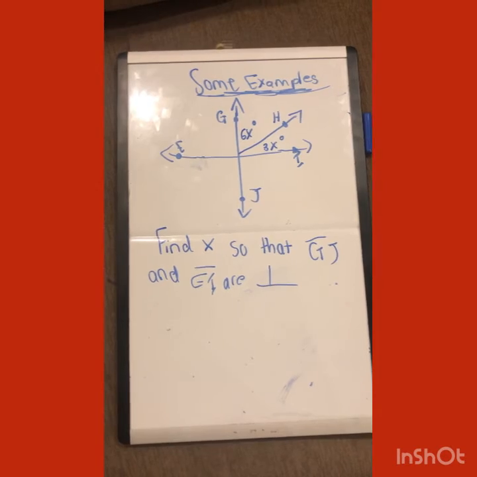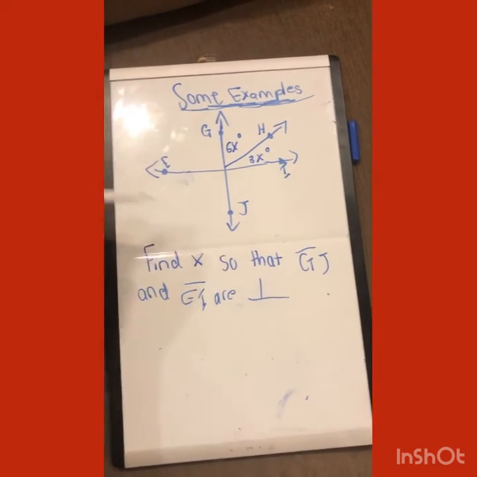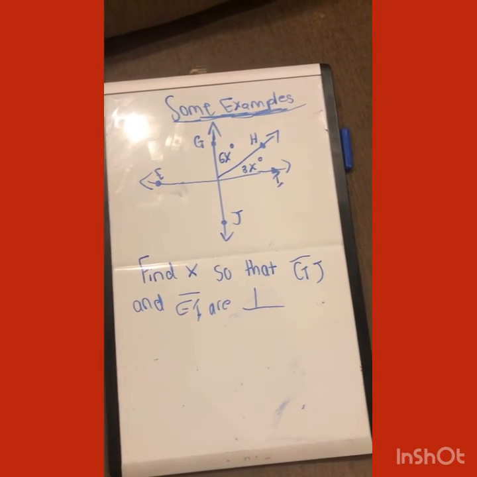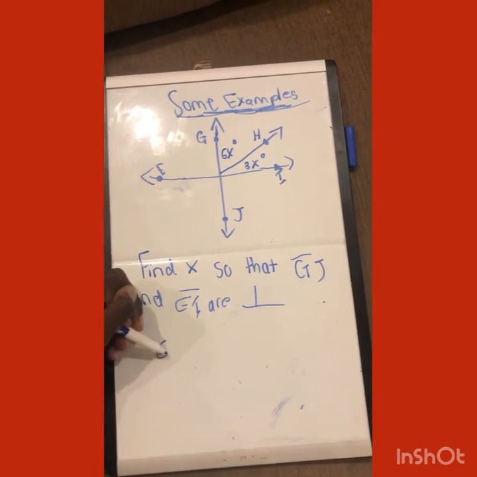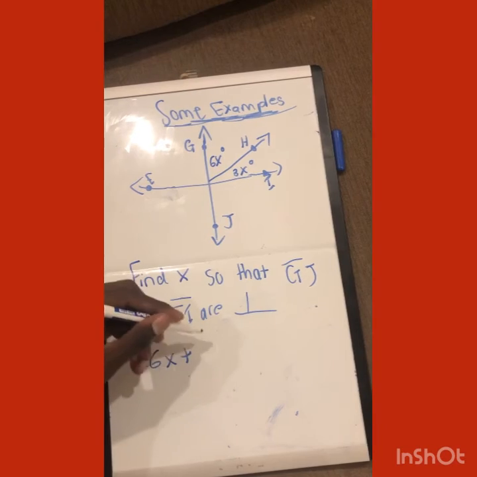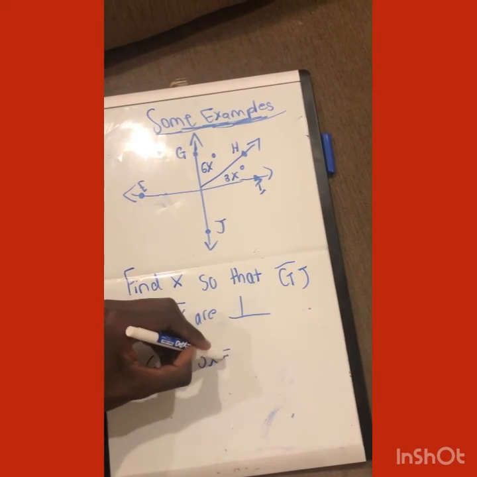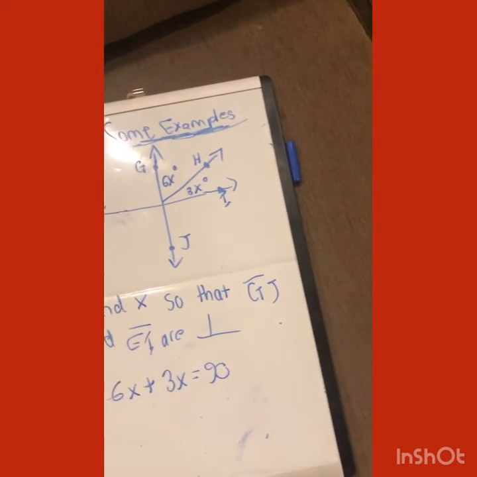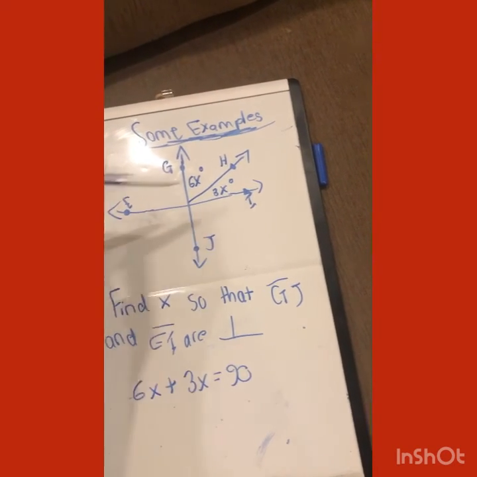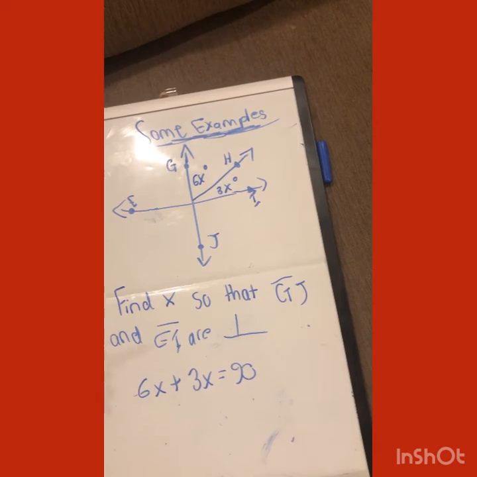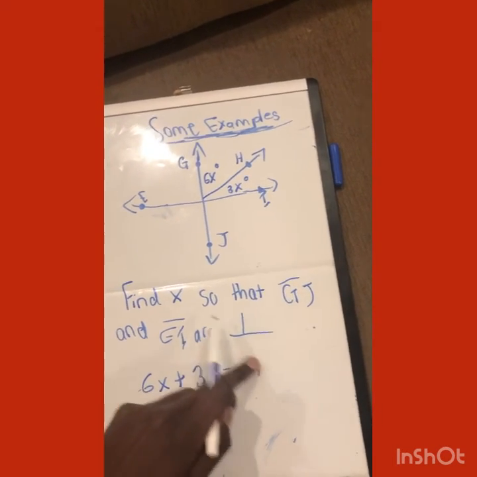So we're solving for x, so these two intersect at 90, so they are perpendicular. So we can say, to solve for x, 6x plus 3x equals 90. Because again, we're solving for x, so these two lines intersect at 90.